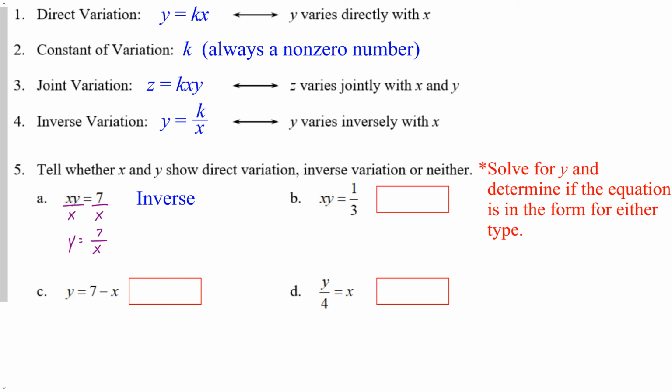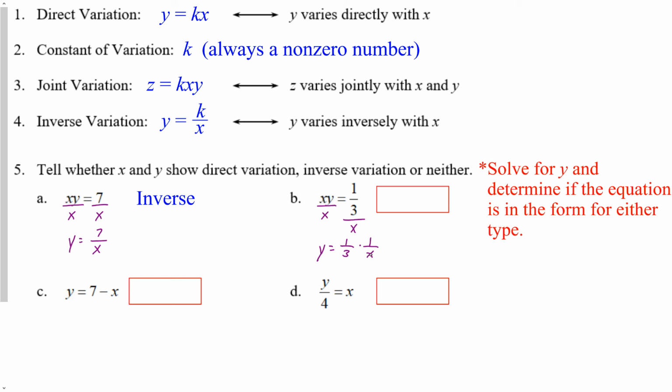For example B, we again have x times y, this time equals 1/3. So again, in order to solve for y, we're going to divide by x. But now, in order to simplify this a bit more, we need to recall that dividing by a value is really the same thing as multiplying by its reciprocal.